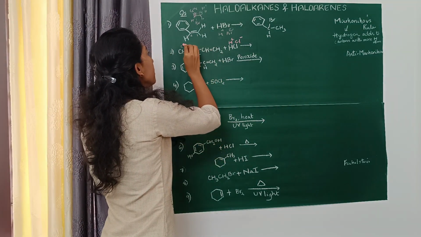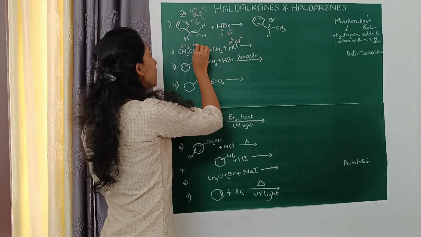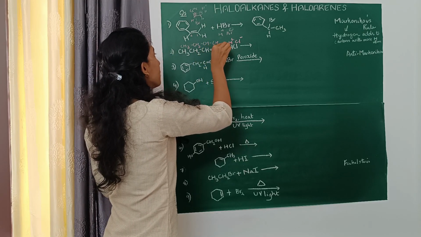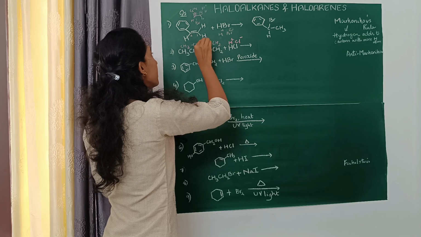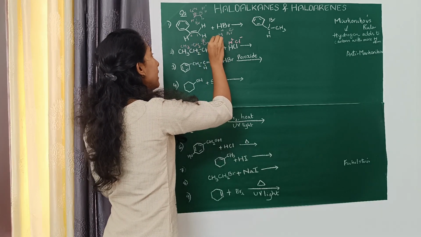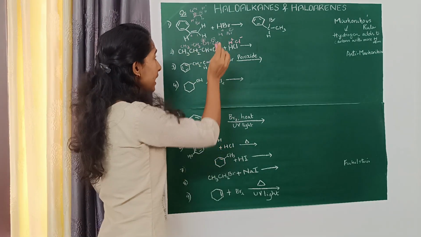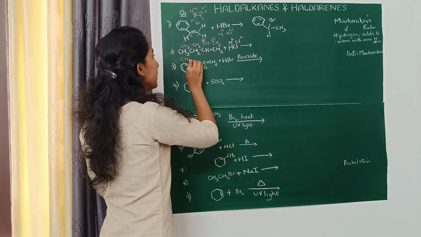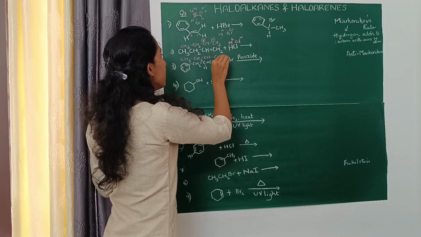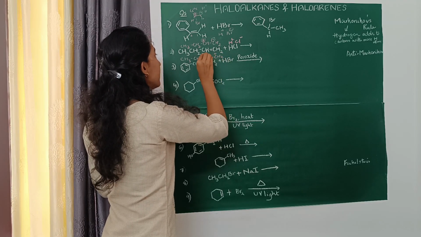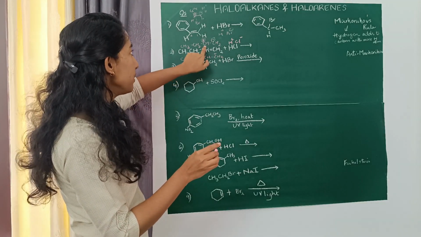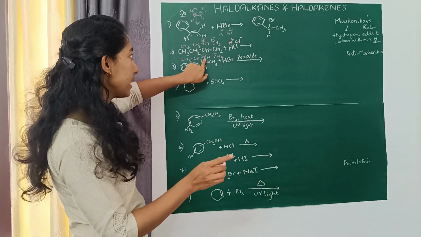Here you can break the pi bond as CH3, CH2, CH, CH2, where you get a positive on one carbon and a negative on the other. The other way is CH3, CH2, CH, CH2 with plus and minus reversed. These are the two ways of breaking this bond: either you give this carbon positive or you give it negative.